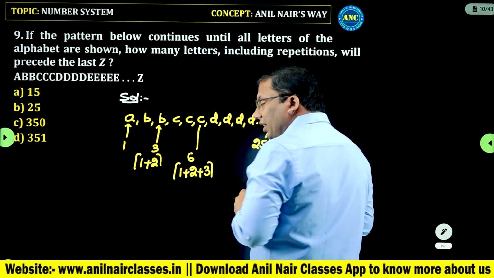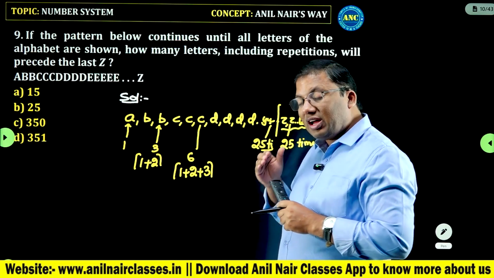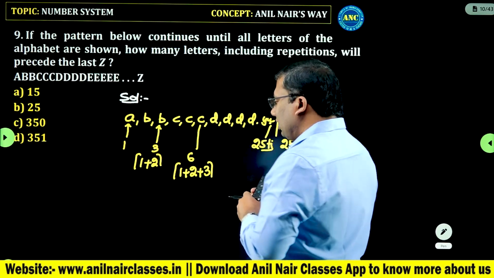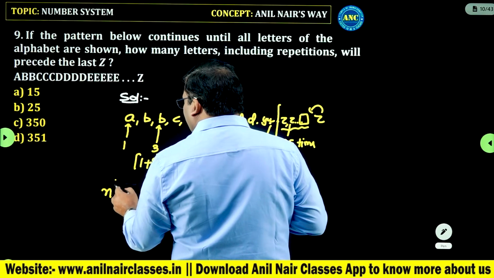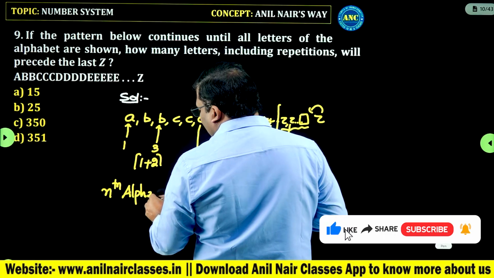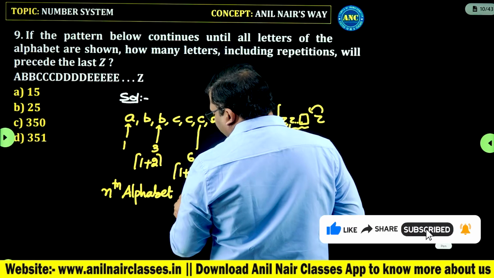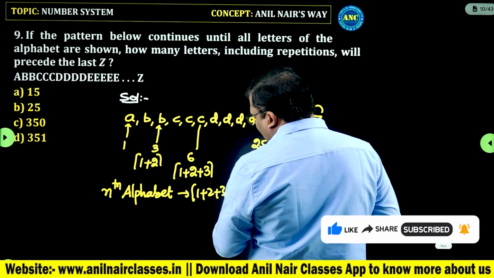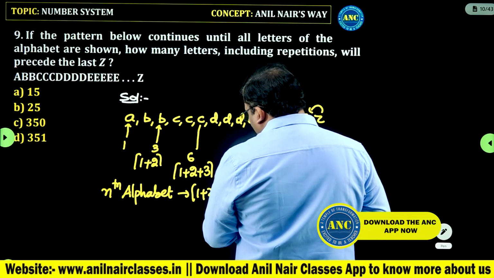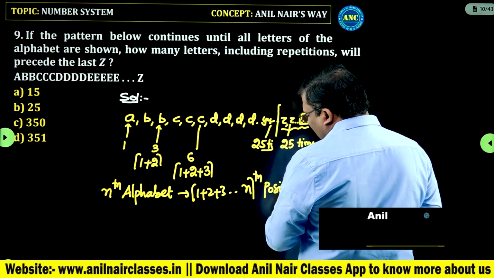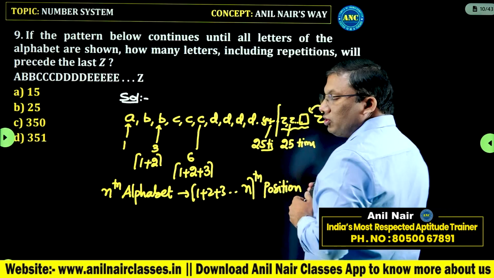The fourth alphabet is ending at 1 plus 2 plus 3 plus 4. That means the nth alphabet is ending at 1 plus 2 plus 3 and so on up to n.